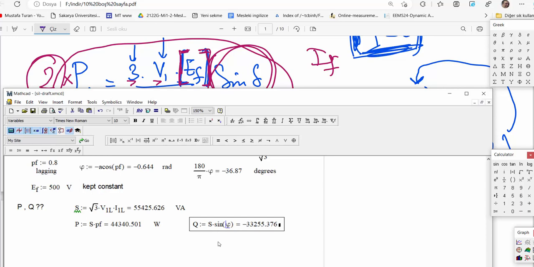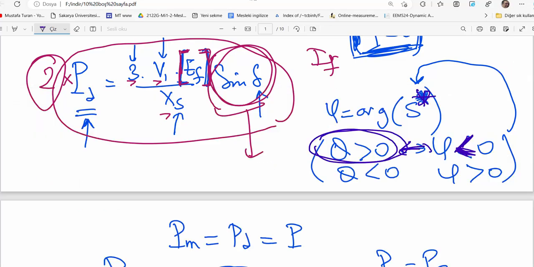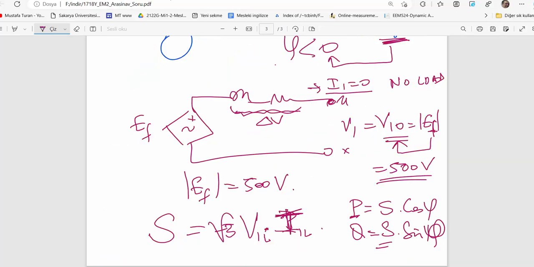Due to complex conjugate, I wrote here negative, so I made a correction. That is the volt-ampere reactives. That is the reactive power, and we got the result. 44 kilowatts, 33 kilovolt ampere reactives. That's the solution of the first part.